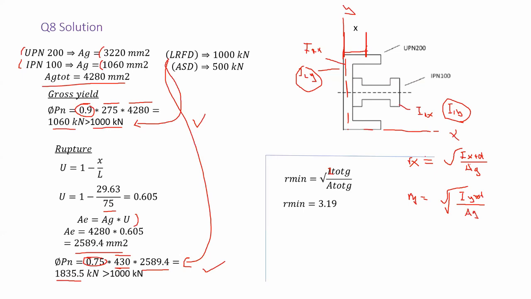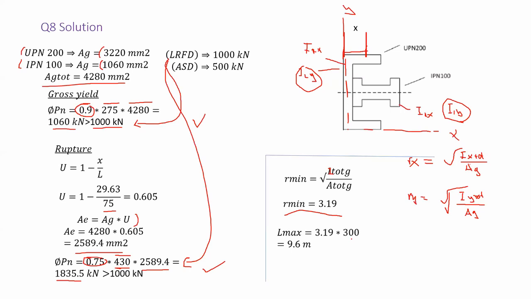So you obtain two values and you're supposed to pick the lowest, the minimum value. If you do that, you obtain your r minimum equal to 3.19. If you put that in the equation that we know, r minimum multiplied by 300, you get that the maximum allowable length is 9.6 meters.